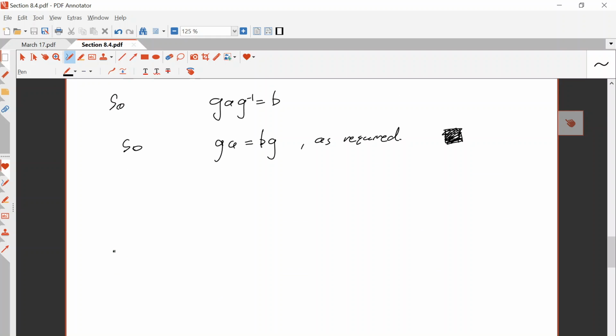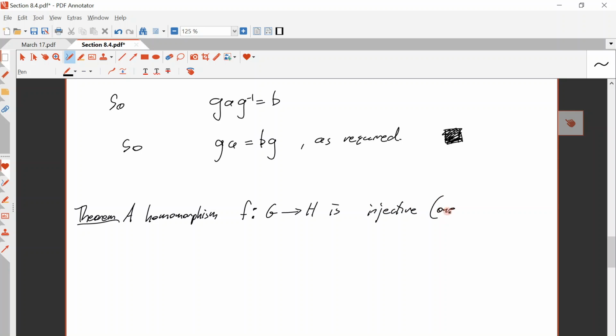Let's see. Next. So this theorem is not quite as important, but it's interesting nonetheless. A homomorphism F from G to H is injective, right?